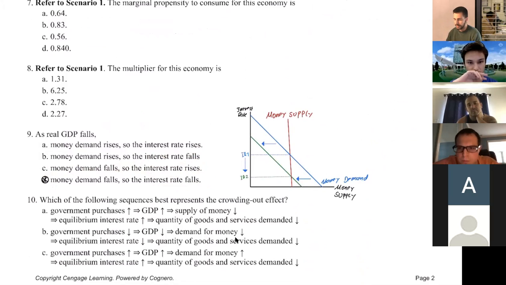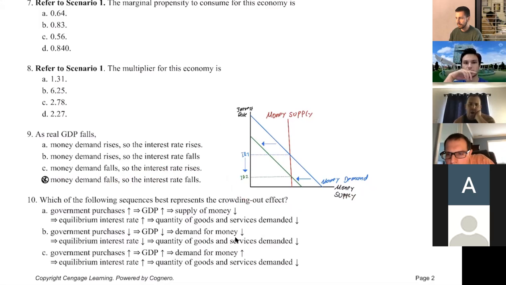Also, with those kinds of multiple choice questions, you can eliminate a lot of choices without even thinking of the intuition, just by thinking logically: if money demand falls, the interest rate couldn't rise. But here I wrote this graphic. Why does money demand fall when GDP falls?